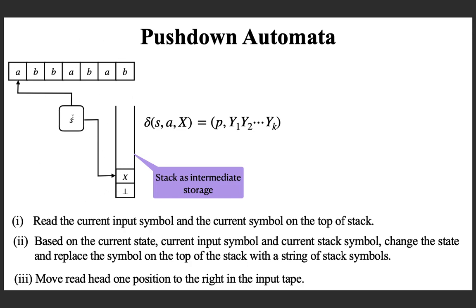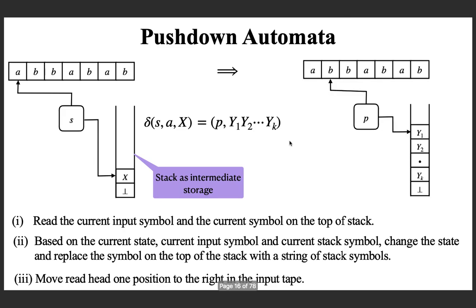The state will be changed to P, the read head will be positioned to B, and this X will be popped out and this string will be pushed in, where Yk will go first. That is what is shown here. So this is basically a step or a move or a transition in a pushdown automaton.